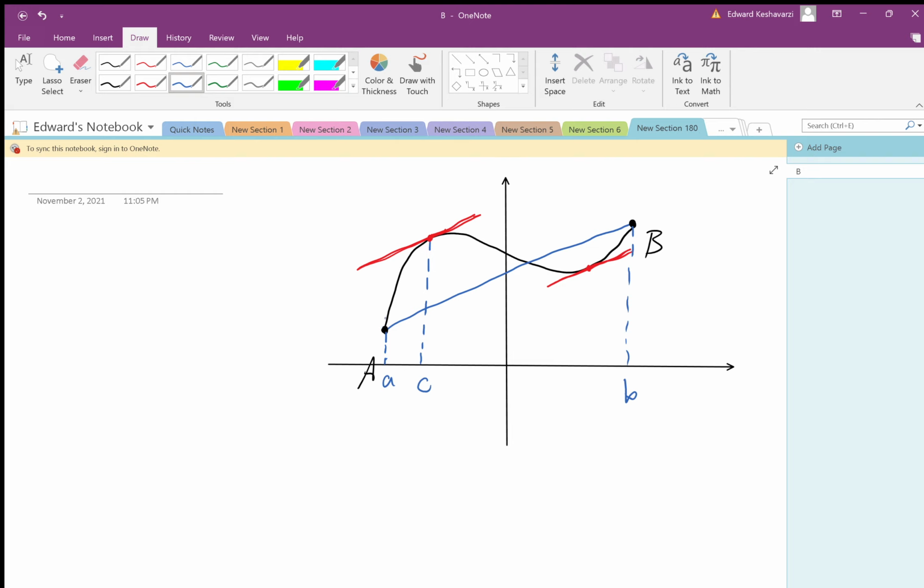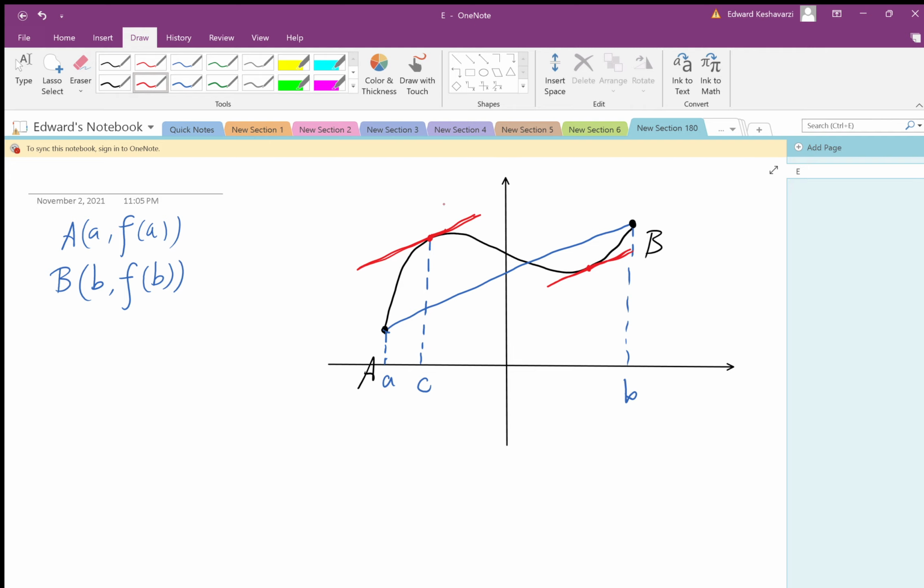Obviously, the y value at A would be f of a. Also, the y value at B is f of b. So we claimed that the little red lines that I've shown here are parallel to line segment AB. Therefore, these slopes are exactly the same.